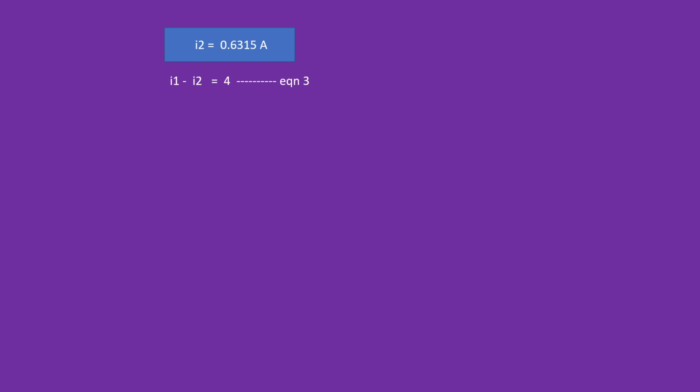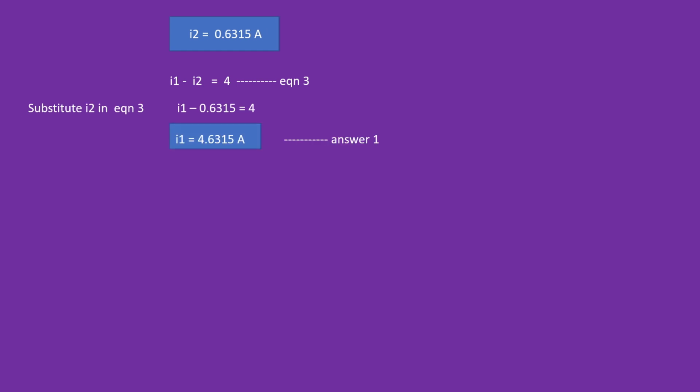Now take again equation number 3, I1 minus I2 equal to 4, in which you can substitute the I2 value, so that it is I1 minus 0.6315 equal to 4. So we get I1 as 4.6315 amps. This is our answer number 1. Now substitute the I1 and I2 answers in equation number 1. We know that equation number 1 is I1 plus 6I2 minus 3I3 equal to 4.